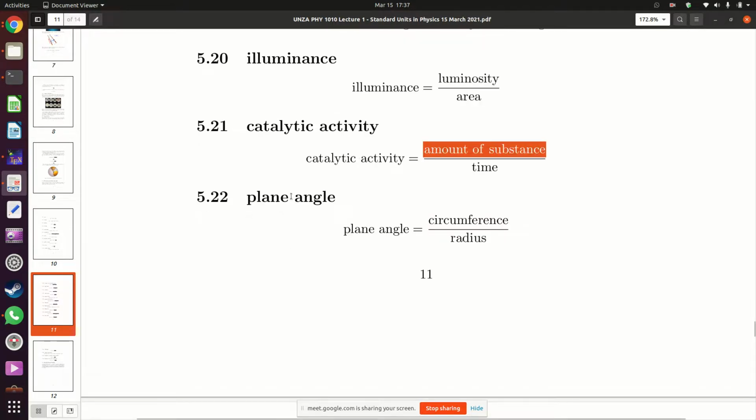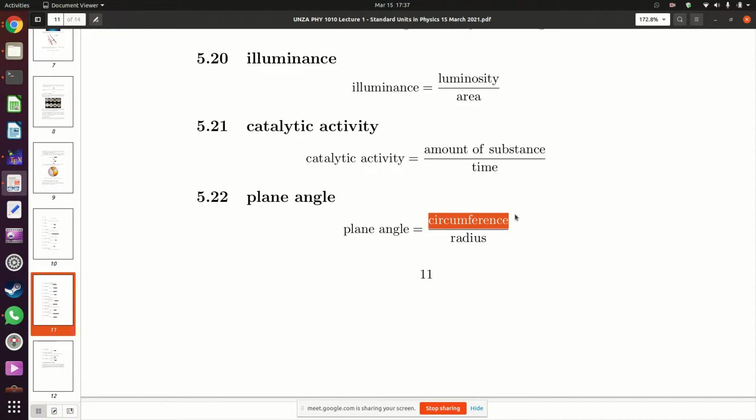Then there's plane angle. In physics, the plane angle is basically the angle, the one you know as theta, your normal angle. The definition of an angle is based on a circle. We use the circumference, how much of a circumference you have, divided by the radius. This circumference might not be the whole circumference, it might be part of it.